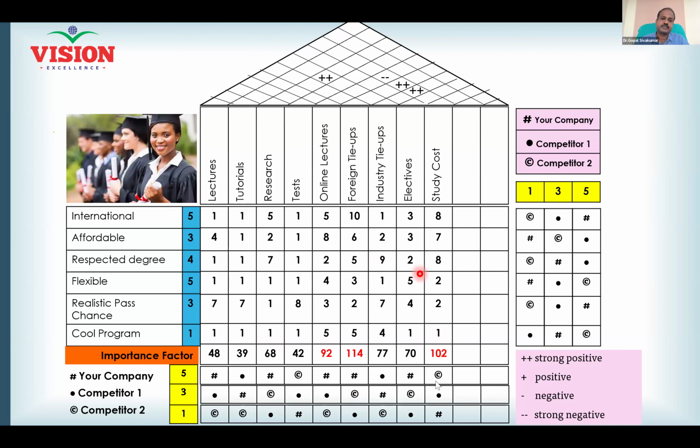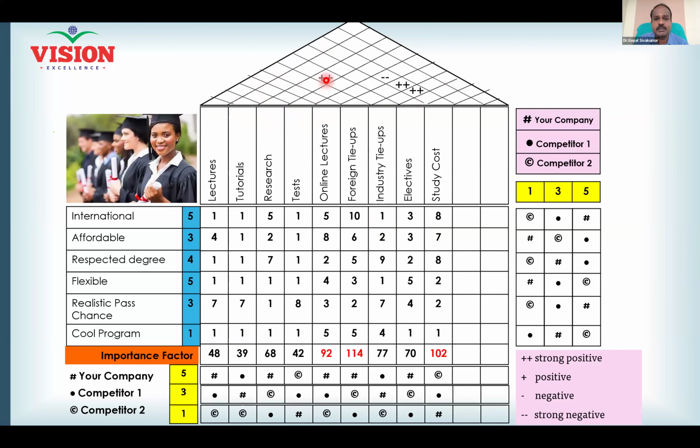Now coming to this area, the roof. The roof talks about the relationship within your specifications. And you have so many combinations. Every box here you have to fill up. So many boxes are here. Now I will explain only a few things.